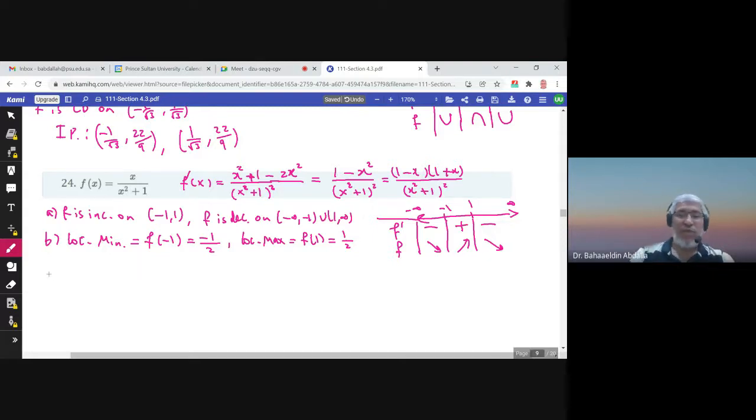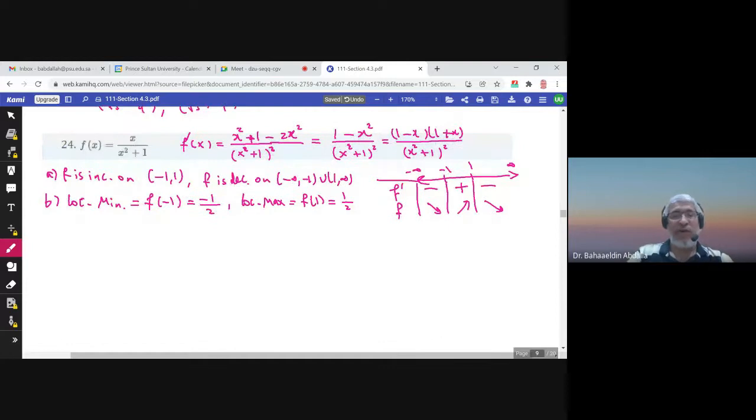Now let us answer part C by finding f double prime. Well, I will use this one.